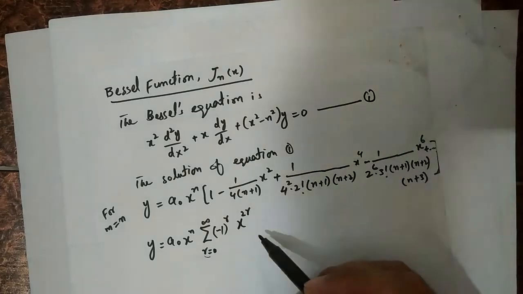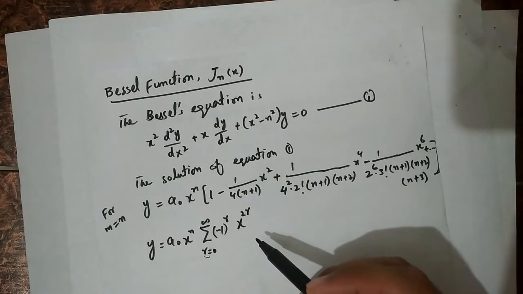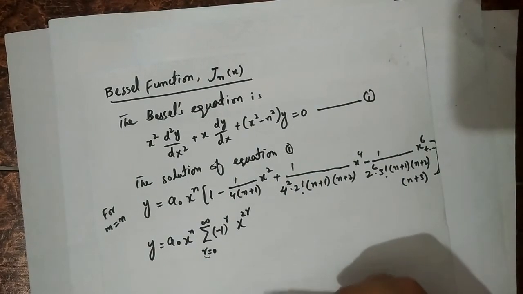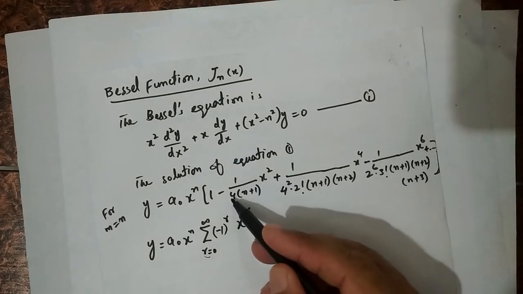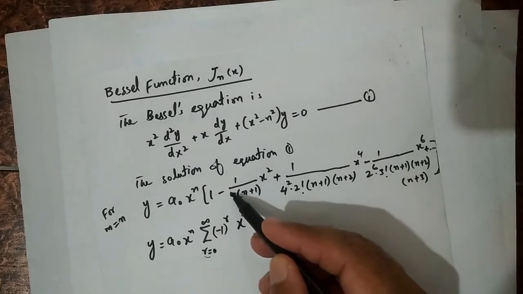And now for the denominator, here first we have 4, or we can write this 4 as 2 square.